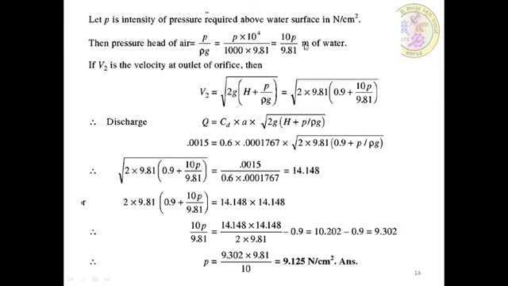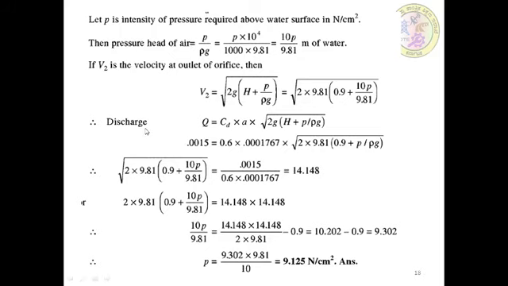Now the velocity at the outlet of the orifice, where the water comes out, V2 is given by square root of 2g into (h + P by rho g). In this equation you substitute the values of h as well as P by rho g, and that will be V2.